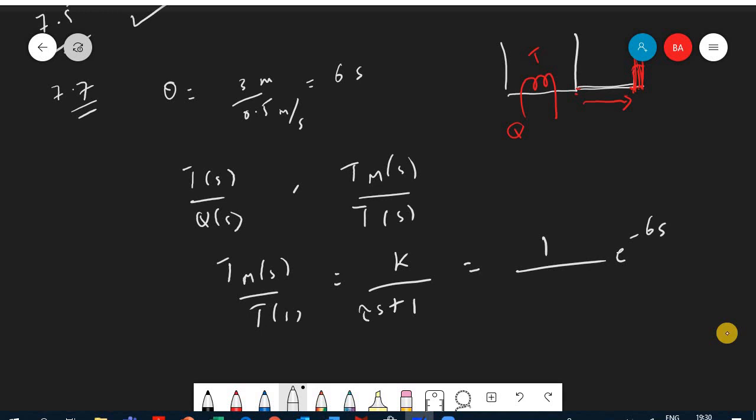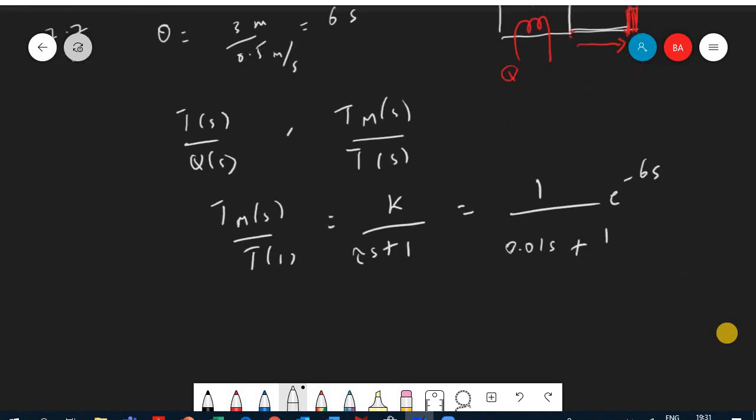Now the tau for the thermocouple is really quick, really fast, and we will assume, for example, 0.01 second, in a millisecond range, plus 1. So it's very instant, a very good thermocouple.